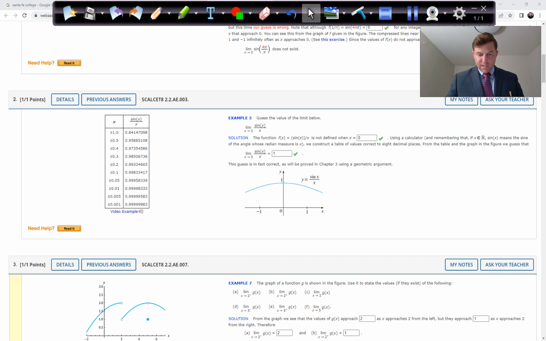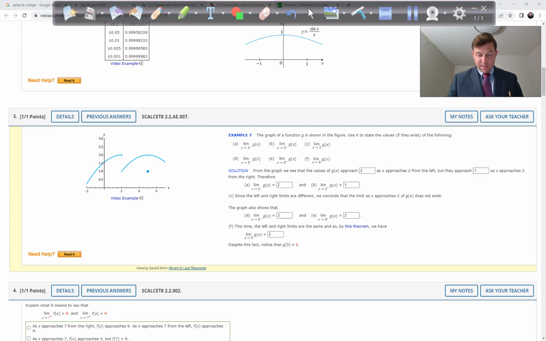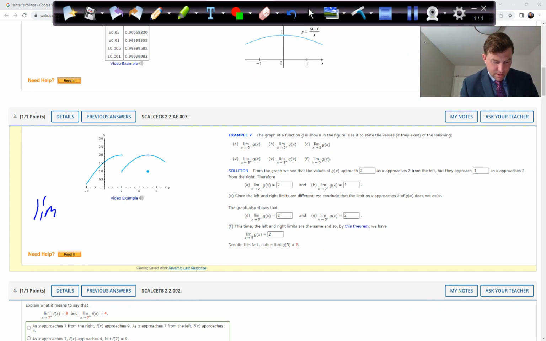Okay, problem 3 is going to kind of test this idea of limits. So it says, what is the limit as x approaches 2? I've got to explain that as well. There's two kinds of limits. They have a limit of this function that they call g of x as x approaches 2 with a minus sign up here. That means, let me write this in words.